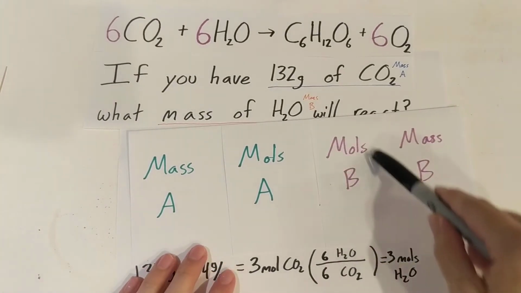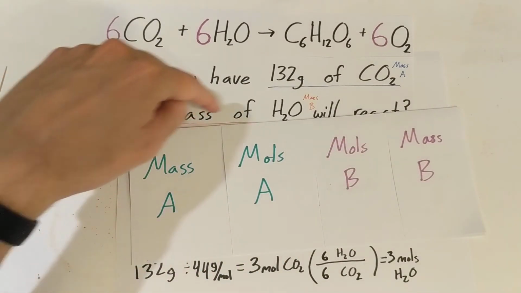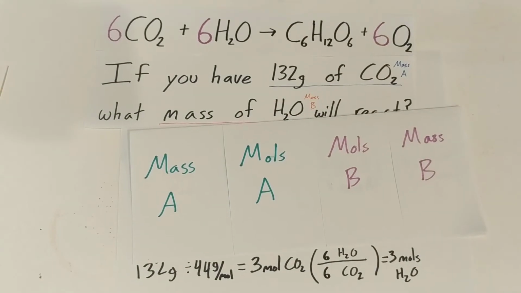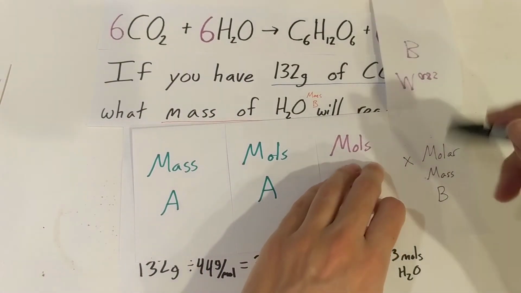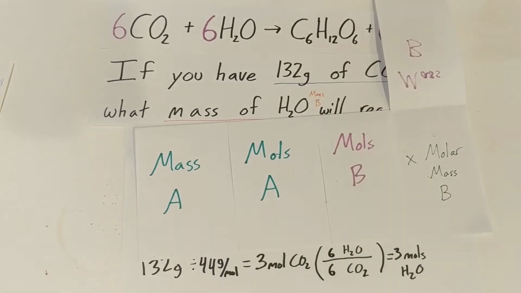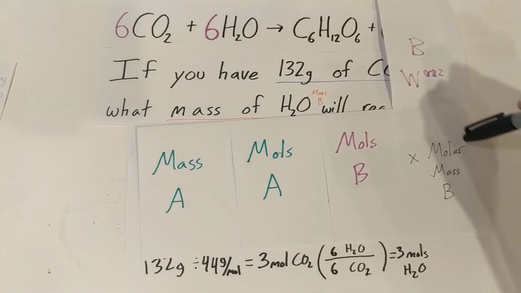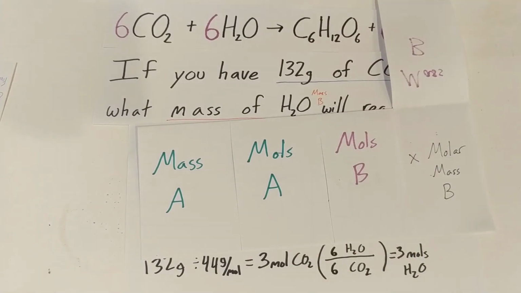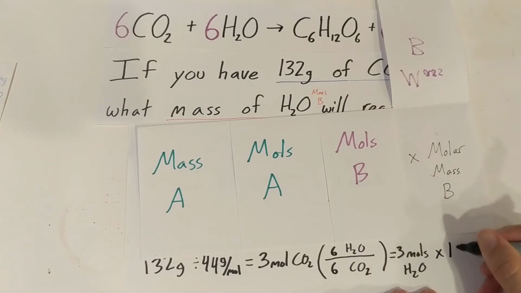So now we're at moles of B, moles of water, but our question is asking for mass of water. So we still got to do something. So let's flip this up, see what we got to do. We need to multiply it by our molar mass, but it's not going to be the same molar mass of carbon dioxide. It's going to be our molar mass of water in this case. And if you look at the periodic table, that will be 18. So we'll just say times 18 grams per mole.